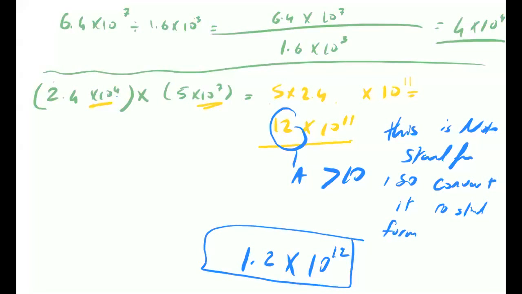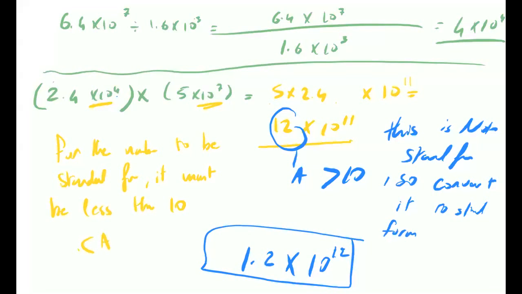For the number to be in standard form, it must be less than 10, from 1 to 9, but smaller than 10.